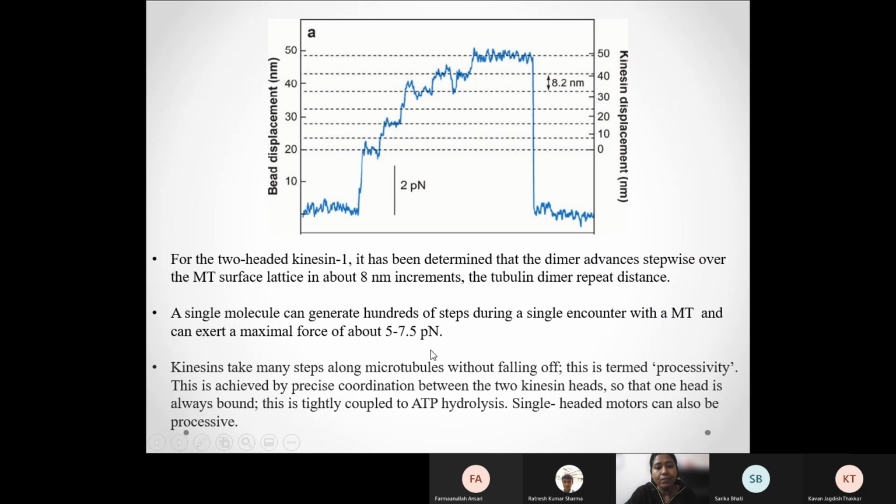And then, by looking at the displacement, you can also calculate the force, and it turns out to be of the order of some piconewtons. Kinesins take many steps, processivity.